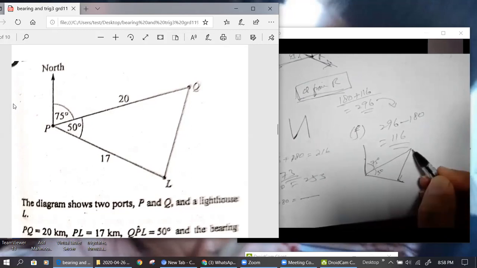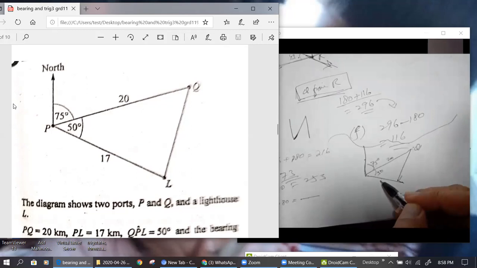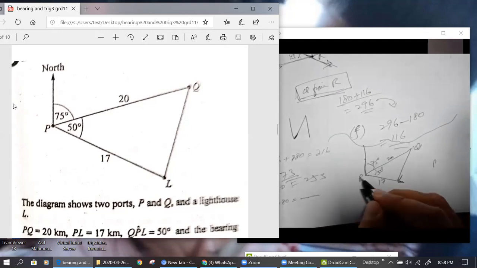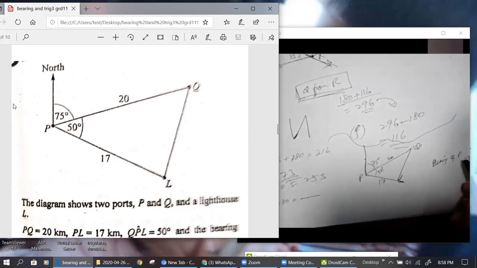This is Q. Your question is find the bearing of P from L. L to P, straight line there.